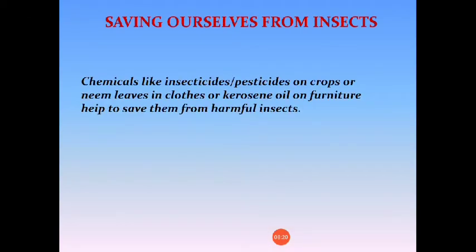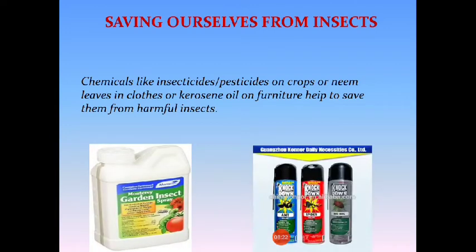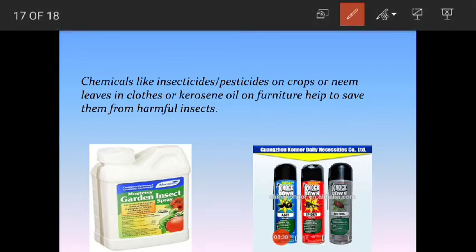Now we have come to know so many things about insects. Let's know how we can save ourselves from the insects, especially our crops, our clothes, our furniture, which are affected by the insects.